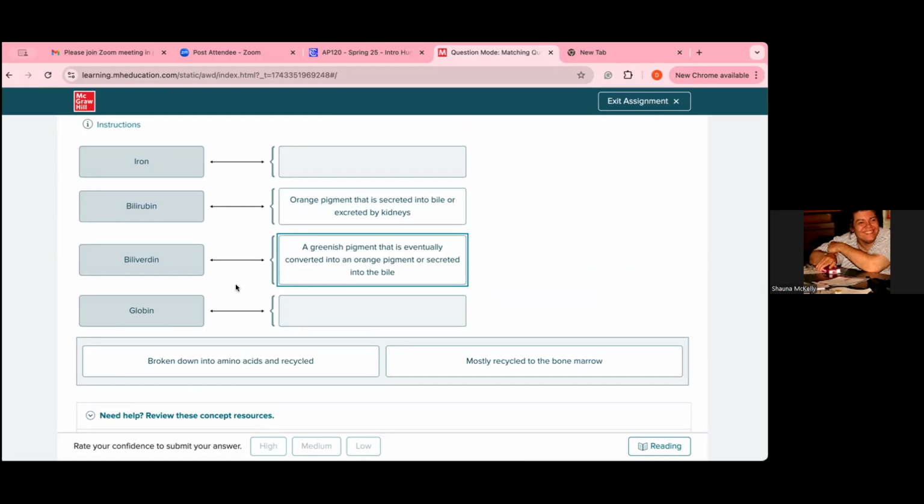Let's see. And then there should be a third one, right? Globin and iron. Oh no, globin and iron. Okay.